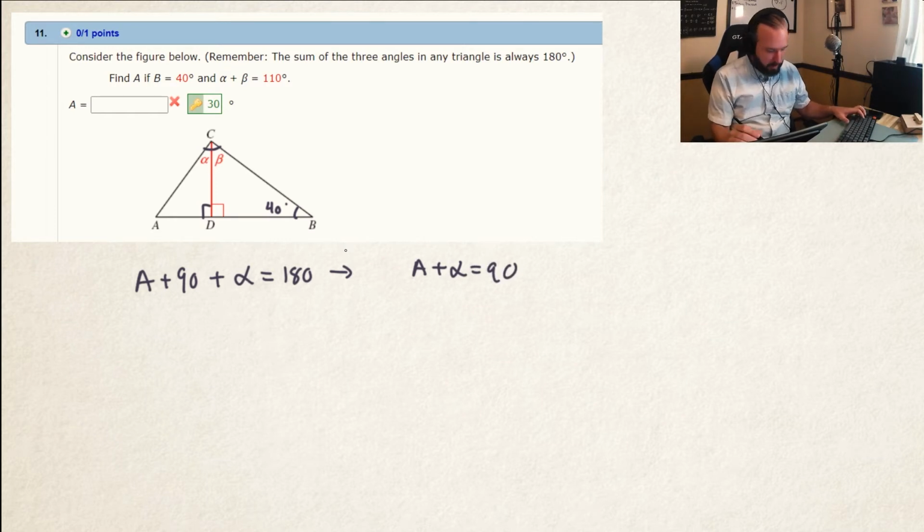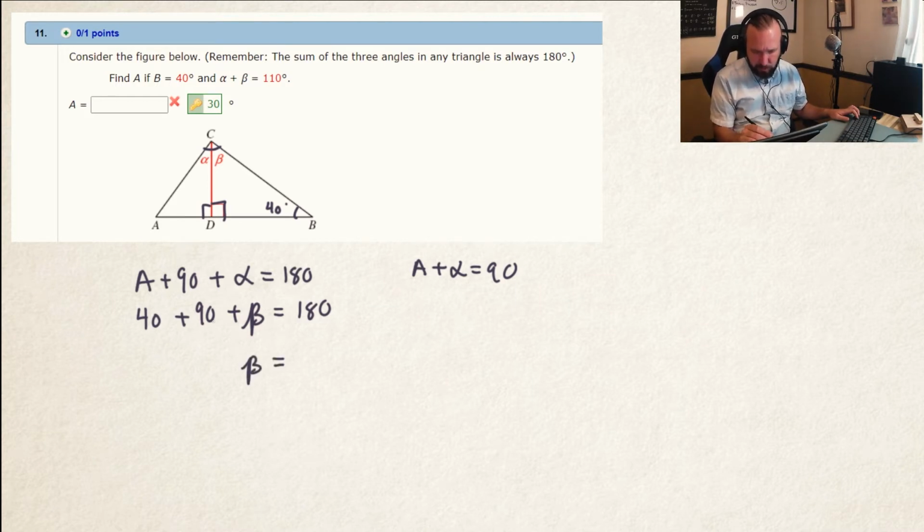Okay. Now, what else do we know? I can also use this triangle right here and the 180-degree rule. So that means that 40 plus that 90 right there plus beta must be 180. So this actually lets me solve for beta. I'm getting beta equals, so take away 90, that gives me 90. Take away 40, that gives me 50.